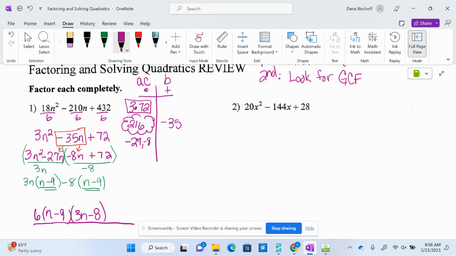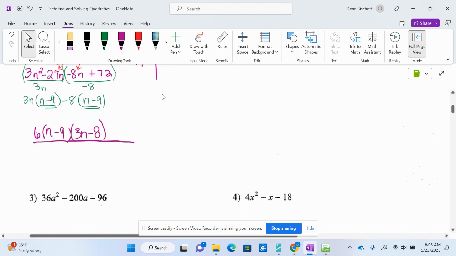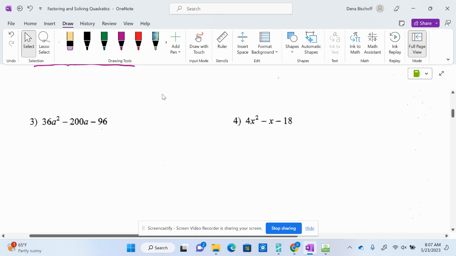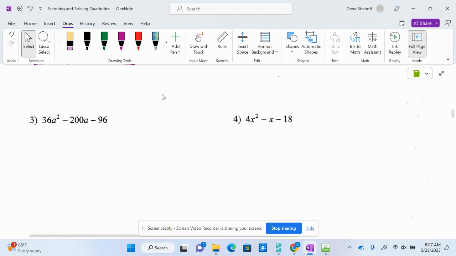So let's go ahead and do number 3, and then we'll do number 6. So I'm going to jump down to number 3. Do we have a greatest common factor? Let's see, everything's even, so that means it's divisible by 2. But is it divisible by something bigger?